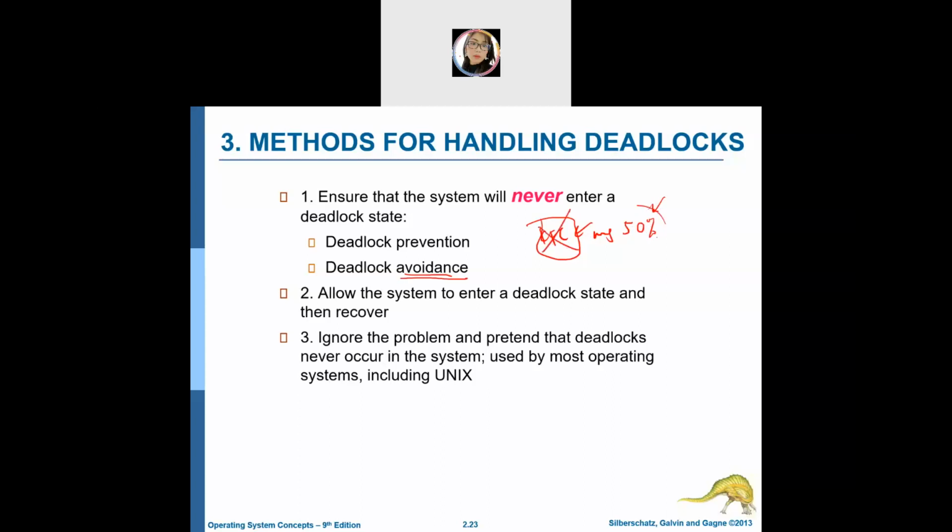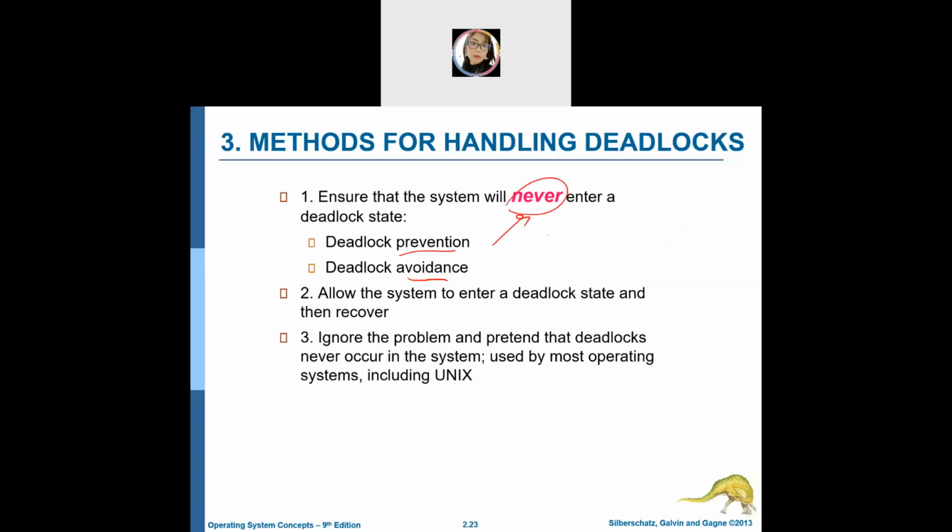So there is never any percentage of chance. Similarly with prevention, you prevent yourself from going to KFC. It is similar in terms of our system. If you want to prevent, then prevention and also avoidance will make sure you never enter a deadlock state.